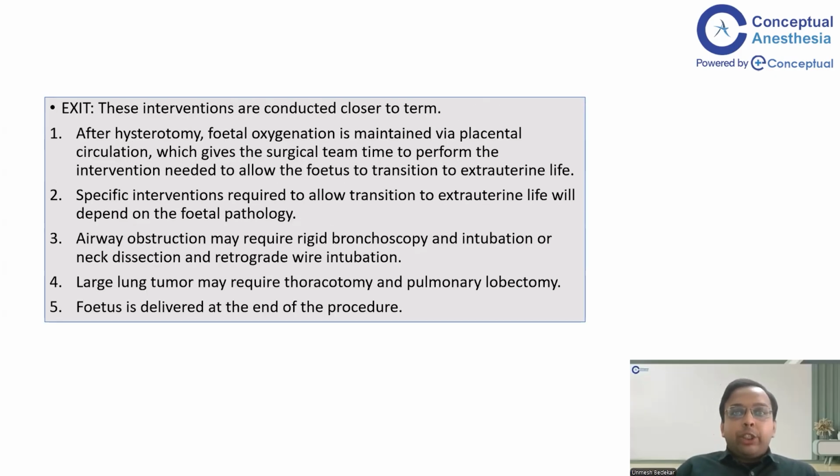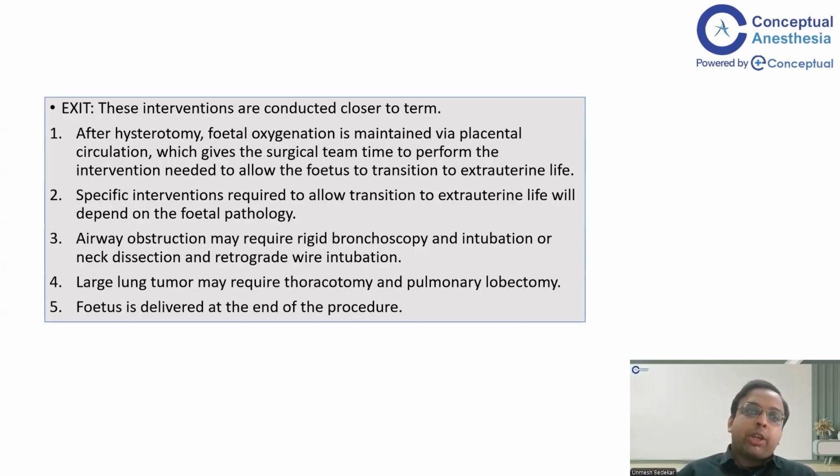These interventions are conducted closer to term of the pregnancy. What is done is, after hysterotomy, fetal oxygenation is maintained via placental circulation, which gives the surgical team time to perform the intervention needed to allow the fetus to transition to extrauterine life. Specific interventions will depend upon the fetal pathology involved.